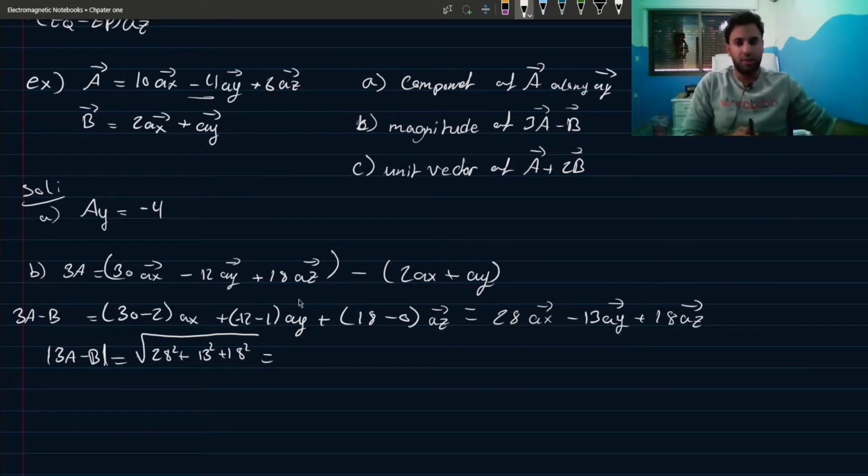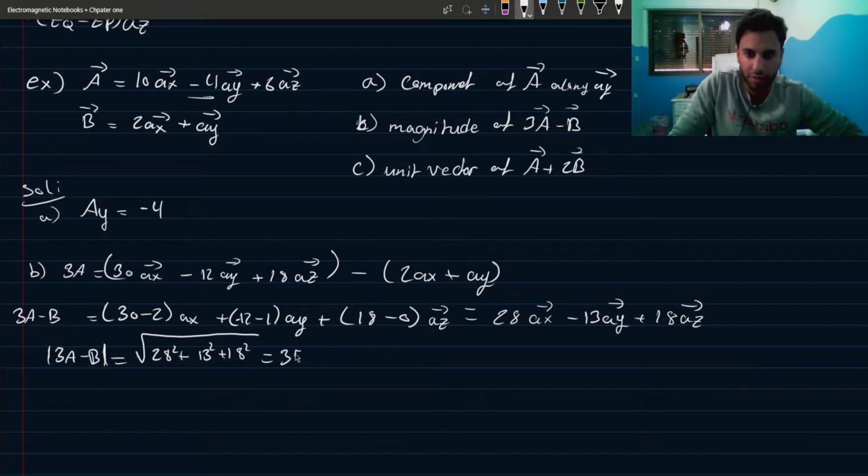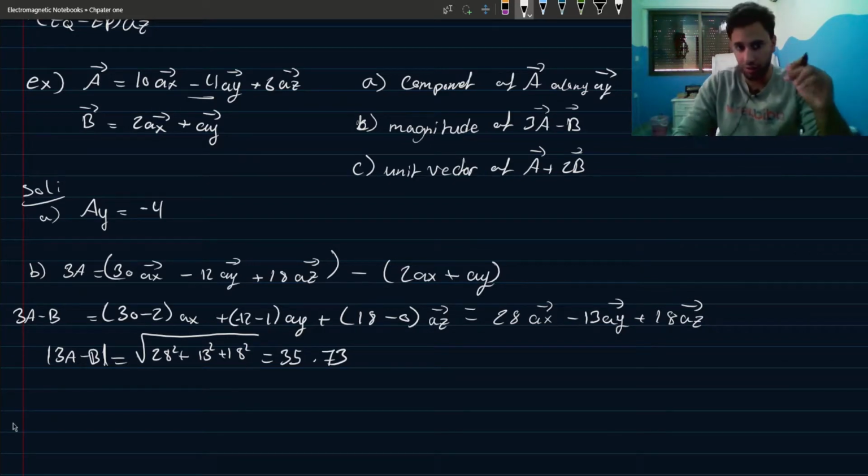Let's bring the calculator and see. 28 squared plus 13 squared plus 18 squared, and that is 35.73. And there you have it. That's the magnitude of 3A minus B.